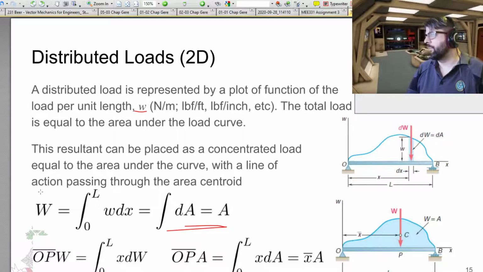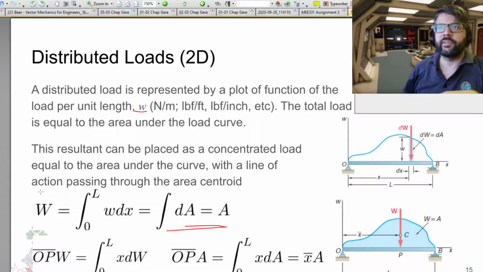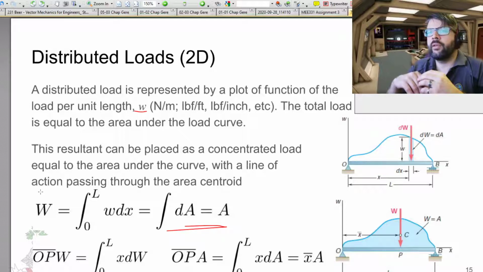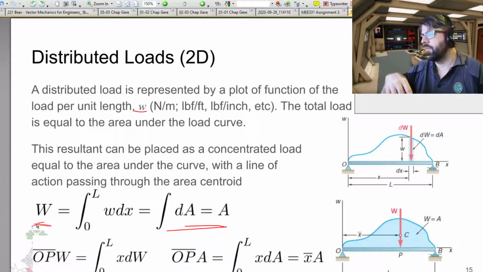The reason we talked about the centroids is because if you replace this distributed load with a resultant that has this weight or this amount of force, then as long as it passes through the centroid of this area, it is an equivalent force system.